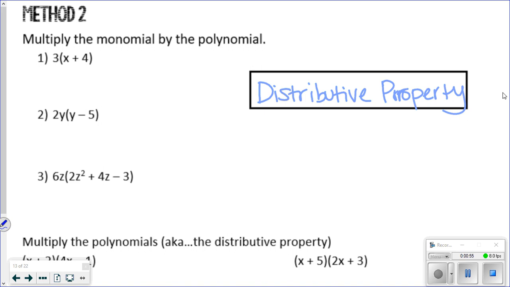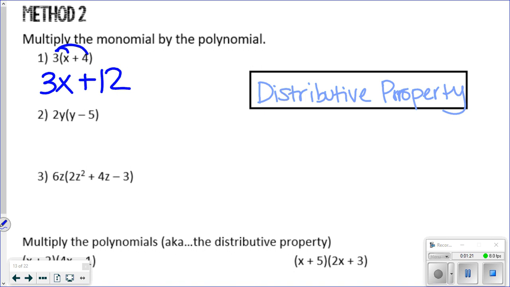So when I have a monomial, that's a single term, we're going to distribute it to the polynomial or the binomial inside the parentheses. So it would be 3 times x and 3 times 4, and that's all we have to do. There's nothing to combine here, so we're done.